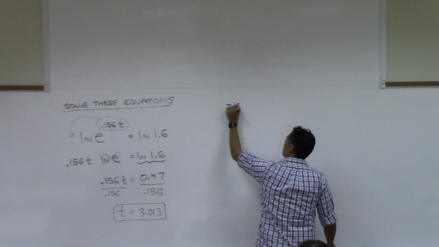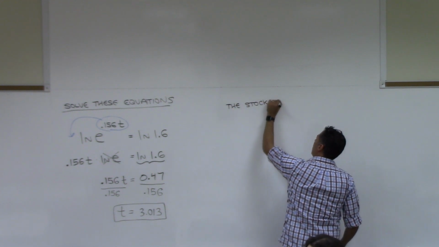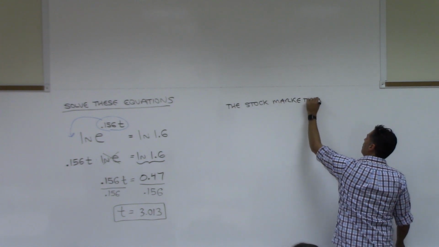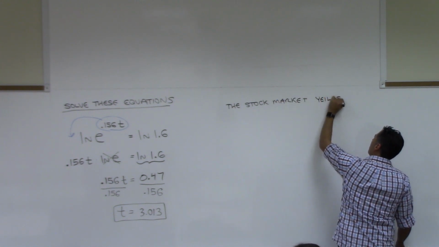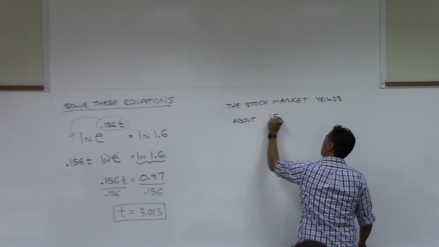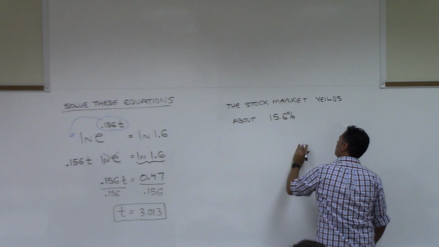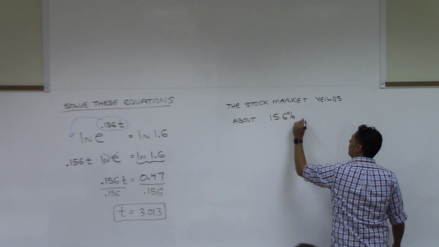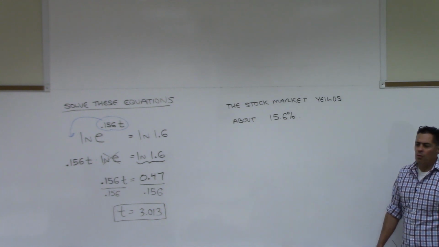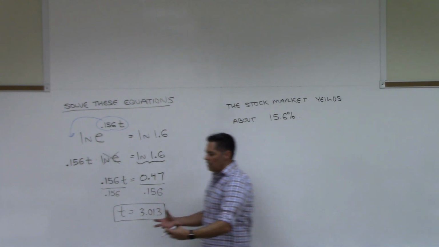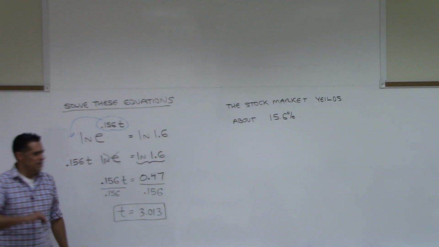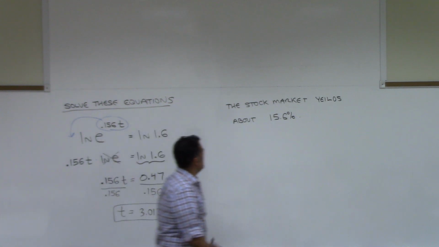All right, the stock market yields about 15.6%. Let's just do that, okay? So what I'm saying is, you put money in the stock market, you're going to get about a 15.6% return. That's not true, all right? But let's just say that's what it was.